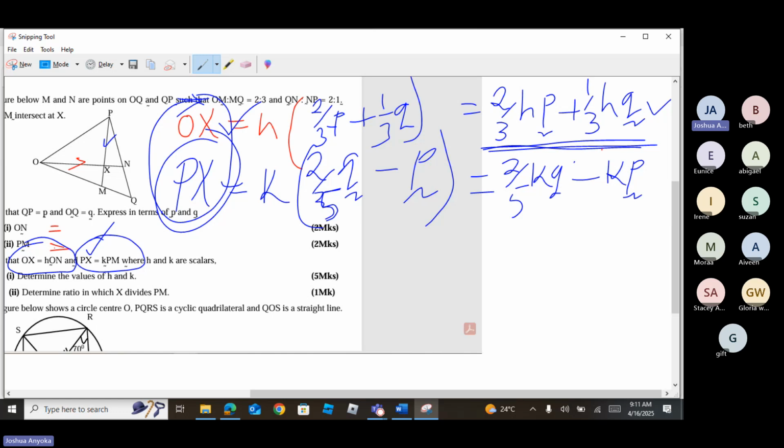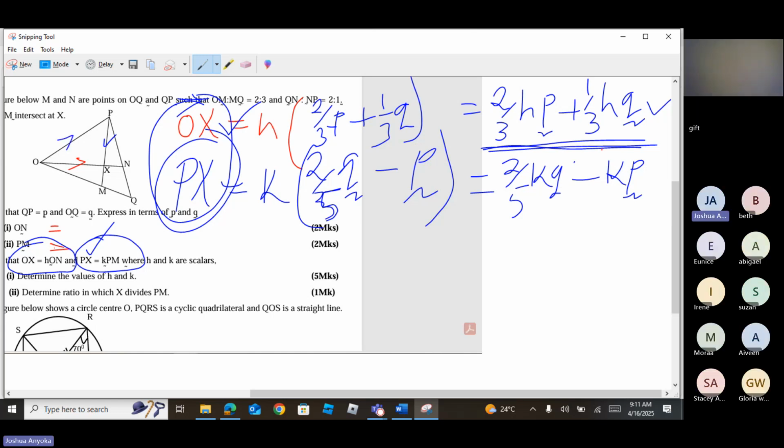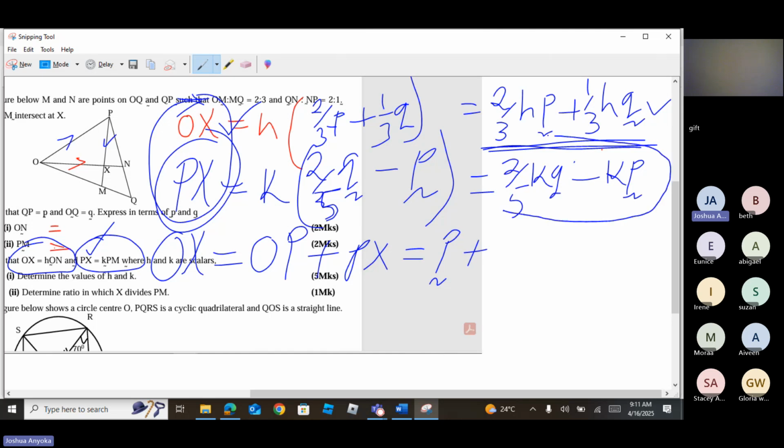There is another way we can include PX and still get OX. So OX can be equal to OP plus PX, where our OP is P and the PX is 2 over 5 KQ minus KP.